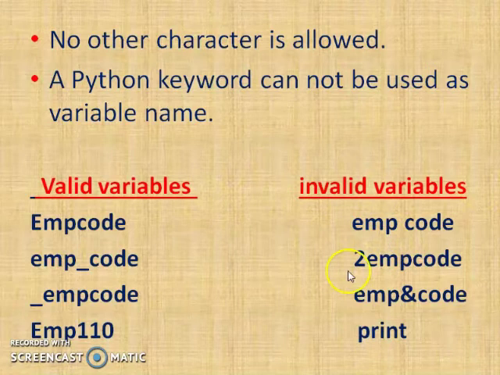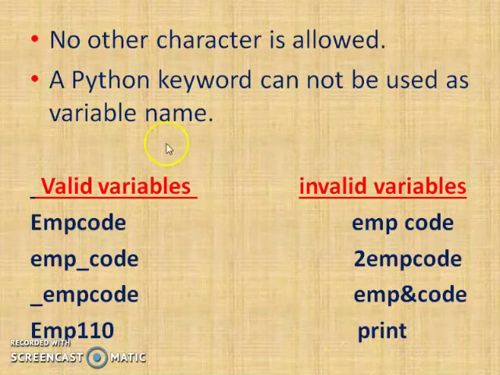In the second one, it is starting from a number, that is why it is invalid. In the third one, here is the and sign, that is not allowed in Python, only underscore is allowed. And the last one is print. This is a keyword, and I told you that a Python keyword cannot be used as a variable name. That is why it is also incorrect.